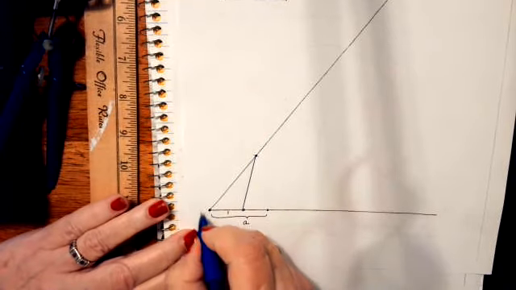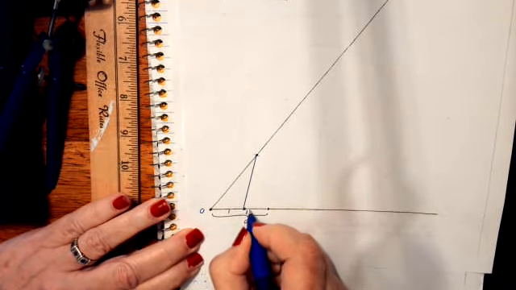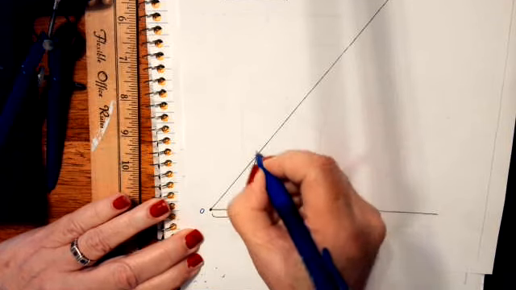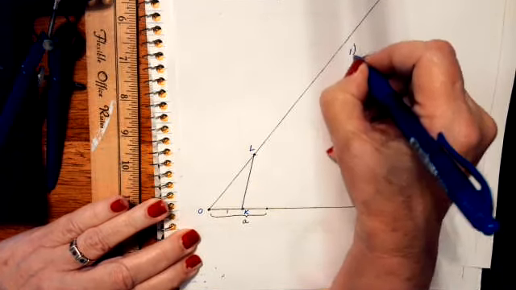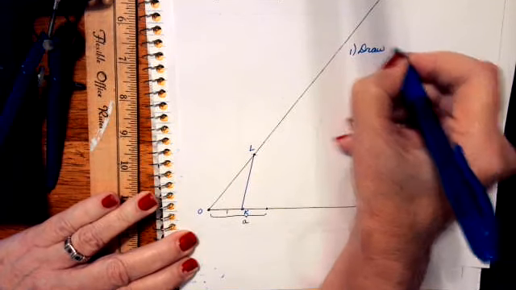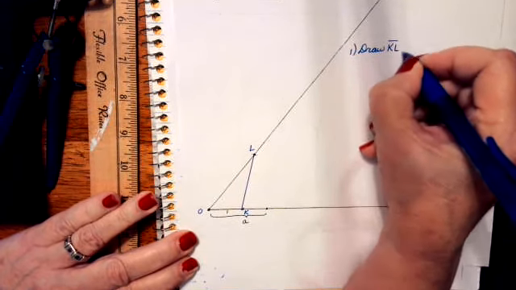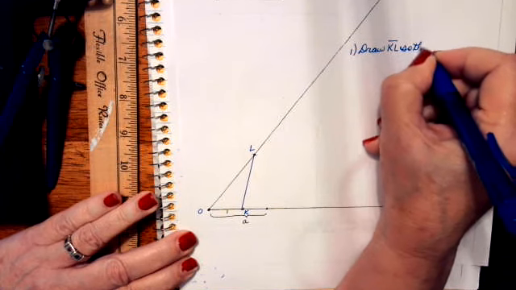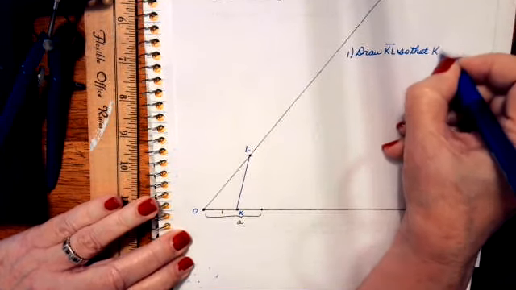And let's label some points here. This is O, this is K, this is L. So the first thing I did was draw line segment KL, so that the length KL equals A.